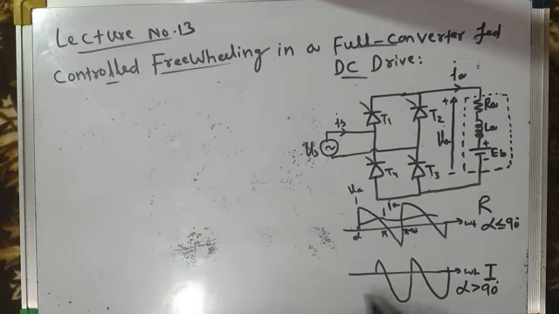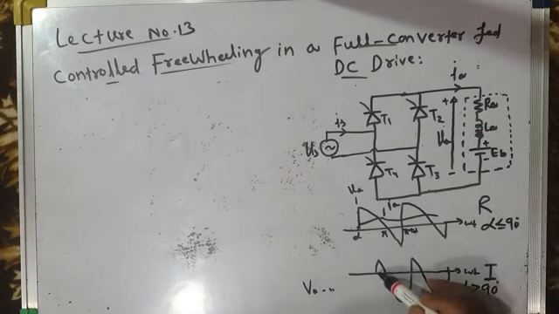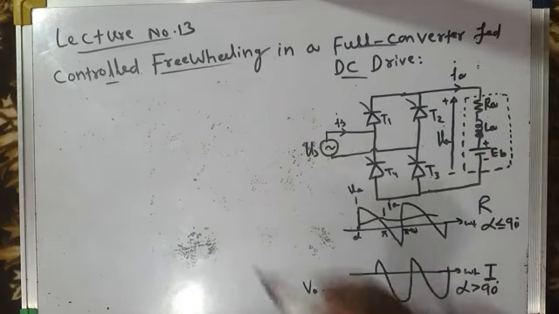In the inversion mode of operation, the average load voltage is negative. So there are large negative segments of voltage and small positive segments of voltage. This small positive segment of voltage means that energy gets stored in the inductance from this point to this point, and during this period, whatever energy was stored in the inductance is supplied back to the source.